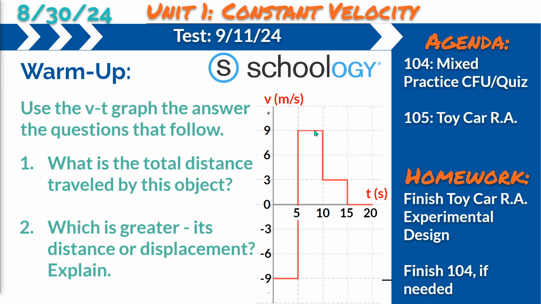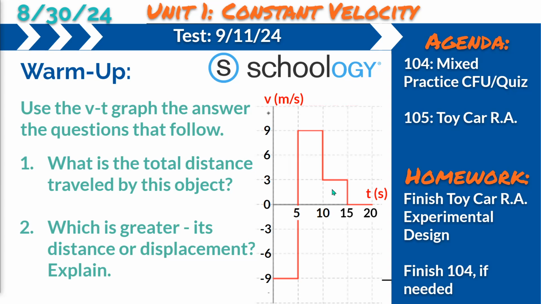So then that's going to be an additional 45. And then you go 3 meters per second for 5 seconds. So 3 times 5 is 15. That's the area of this block right here. So 45 plus 45 is 90, plus 15 more is 105 meters. That would be your distance traveled.